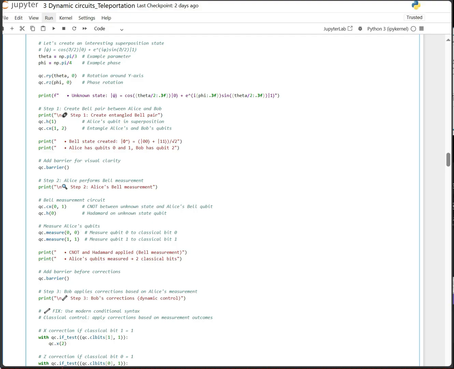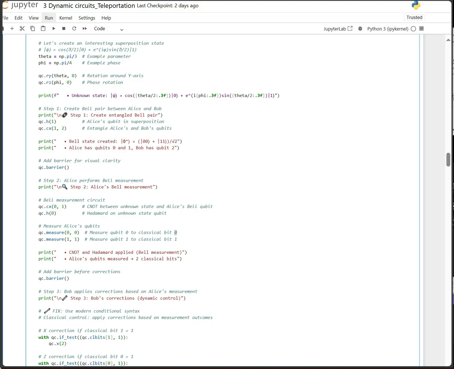So after you do that, you're going to have a measure of Alice's qubits. You're going to measure qubit 0 and qubit 1, and you're going to store them into the 2 classical bits that you have, classical bit 0 and classical bit 1. You can have any result: 0, 0, 0, 1, 1, 0, 1, 1, any kind of combination.